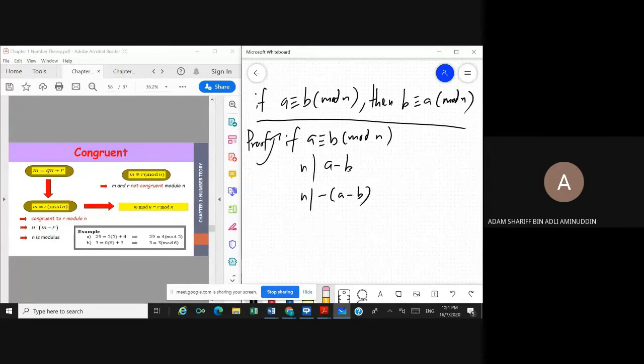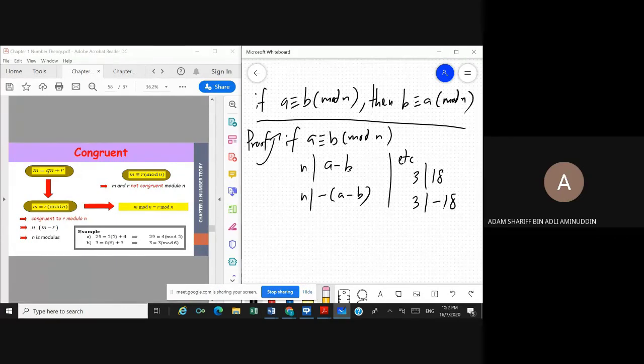Betul tak? Soalan dia lah. Okay. It means that what I want to show here is that if N is a factor of, saya tunjuk contoh betul lah. Just now you know that 3 is a factor of 18. Setuju tak? Okay, agree with me or not, 3 is also a factor of negative 18?